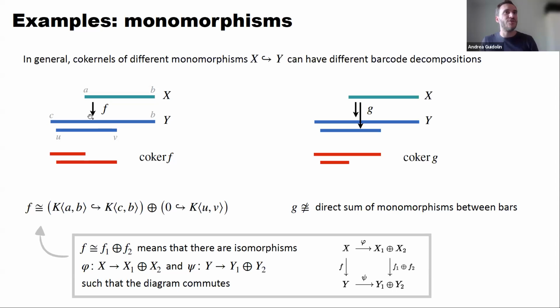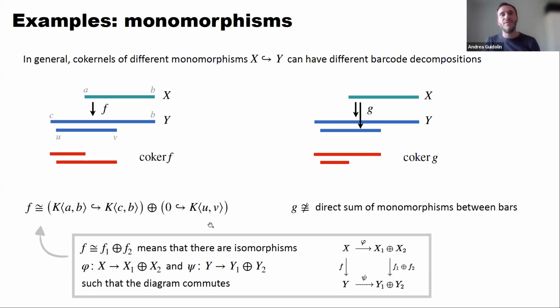This first morphism maps the bar of x only onto the first bar of y, and this is the co-kernel. And we can observe that in this case, the monomorphism can be decomposed as the direct sum of two monomorphisms just between pairs of bars, where one bar is possibly the zero module.